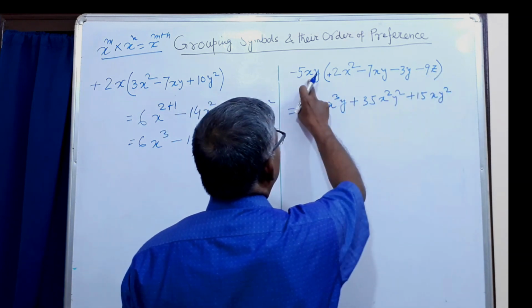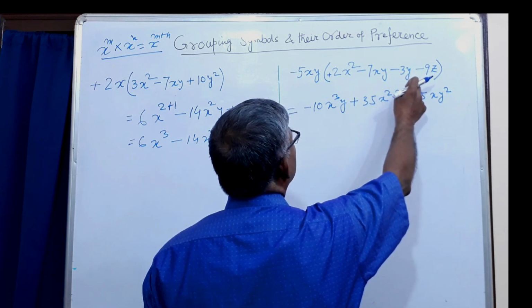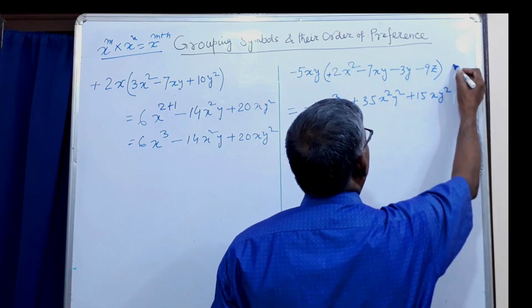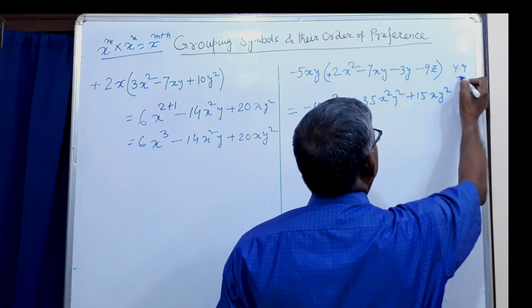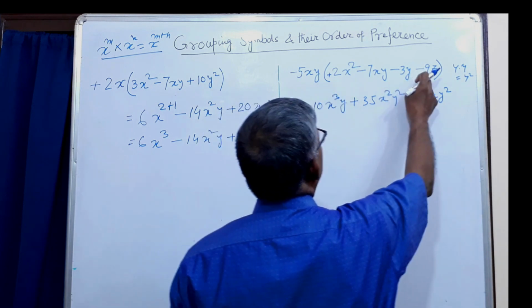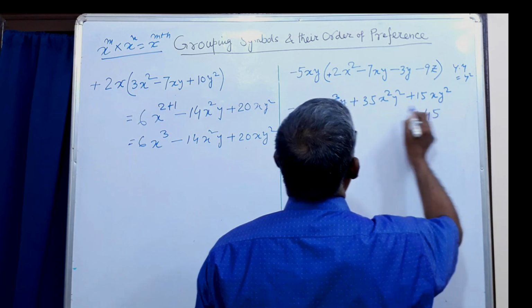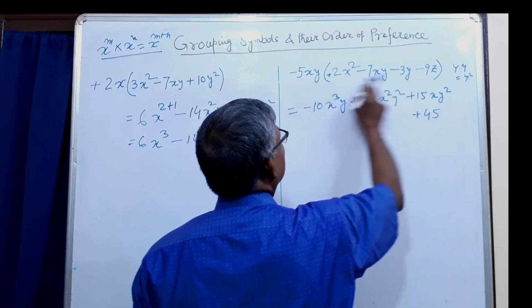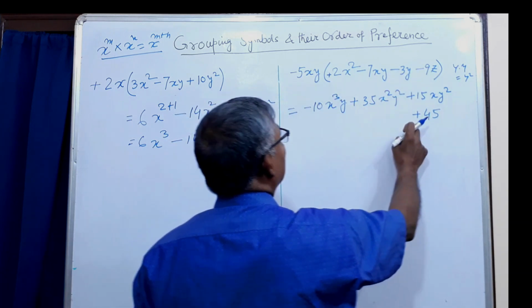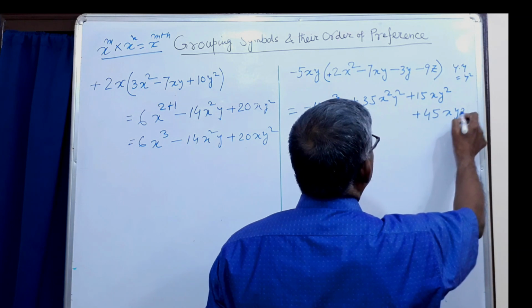Why x y square? There is no x, only one y. y into y means y square, so it is y square. And here, you see, it is plus 45. 5 into 9 means 45, here is minus, here is also minus, it will be 45, and x, y, z.